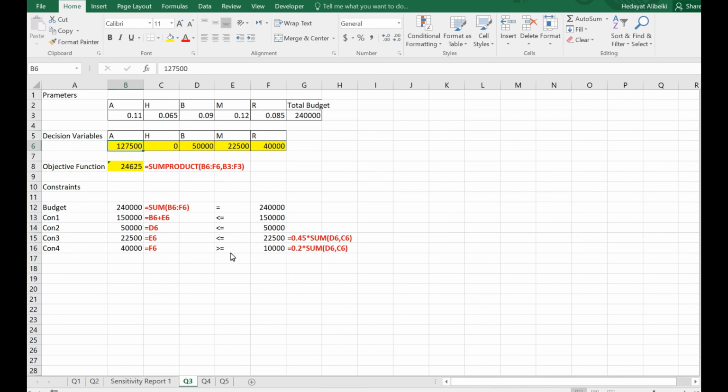It's okay. All of them are satisfied, and the total expected return would be 24. And if you want to know the average expected return, it would be this divided by your total budget, for example. So on average, you are making 10%, 10.2%, 10.3% return if you follow these decisions.